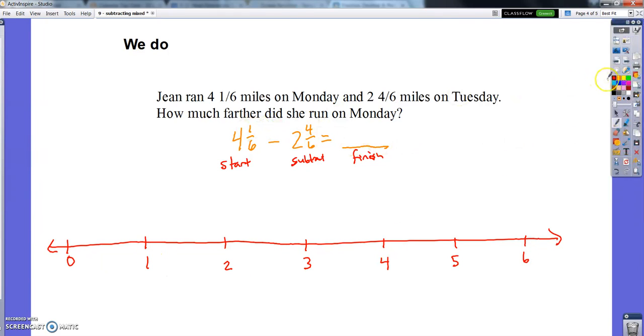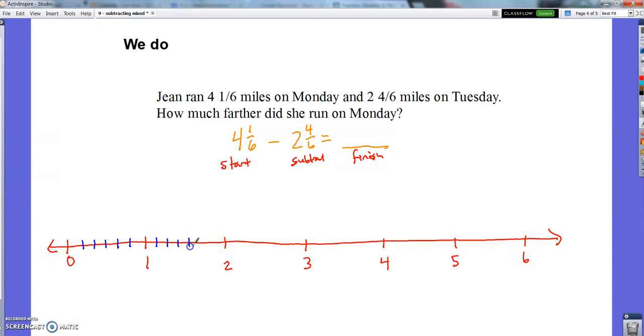And then in my question, I'm working with sixths. So I'm going to partition my number line into sixths. To partition into sixths, I need 5 markers. 1, 2, 3, 4, 5. And then this is a whole. 6/6 is a whole. 1/6, 2/6, 3/6, 4/6, 5/6, 6/6 is a whole.